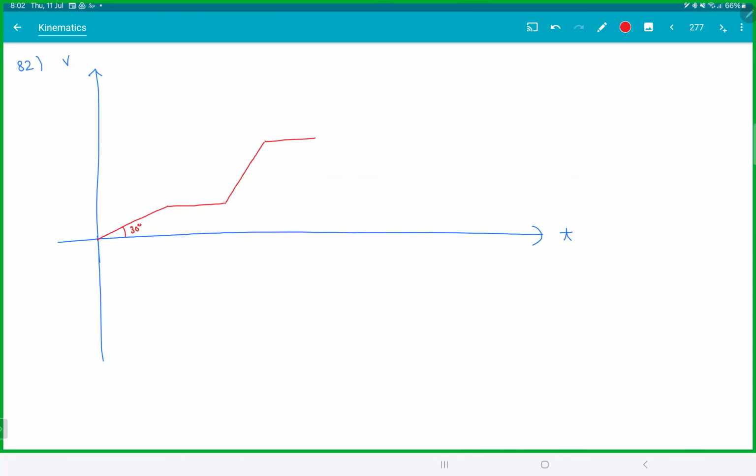Let's say this is 30. This is 45. This is 60. Let's say this is 30. This is 30. So approximately, can you draw the AT graph of this?